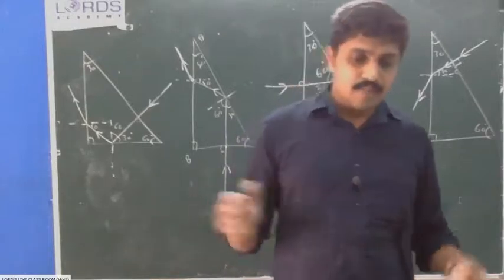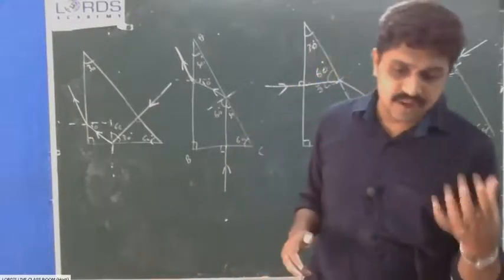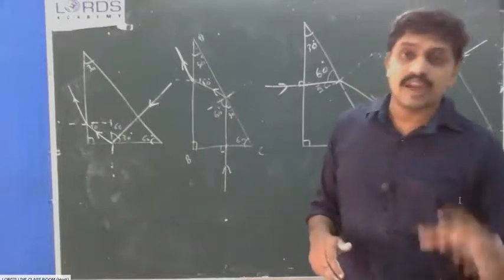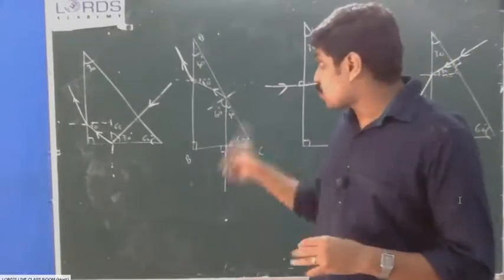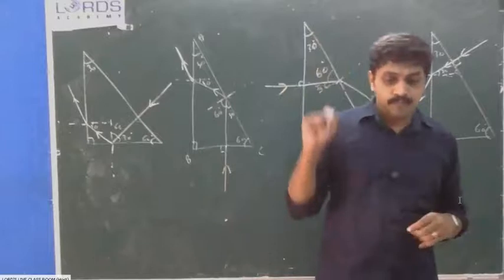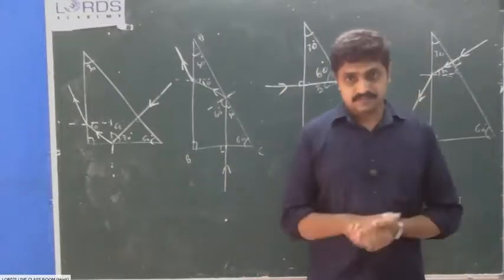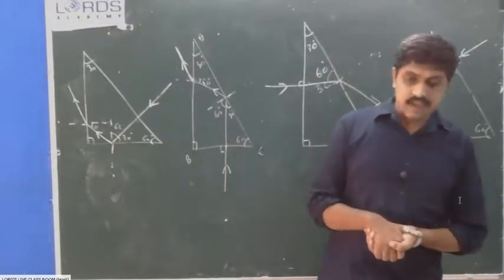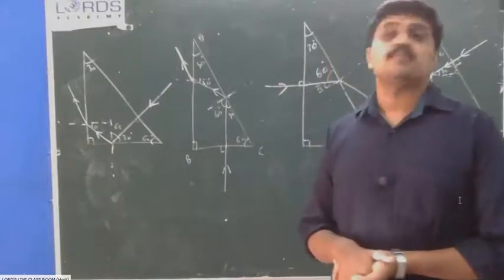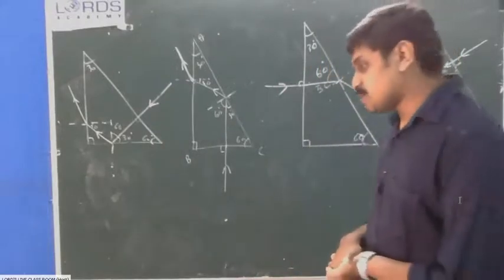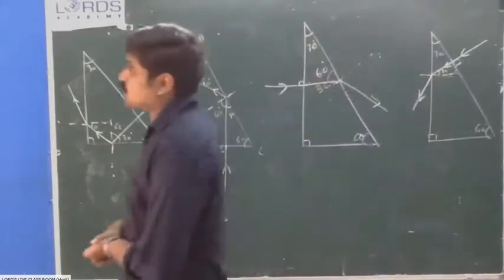We can compare these two. 100% is the main advantage. In the case of total internal reflection, 100% of the light gets reflected, but not in the case of normal reflection. We can't expect 100% of the light to be reflected in normal reflection.